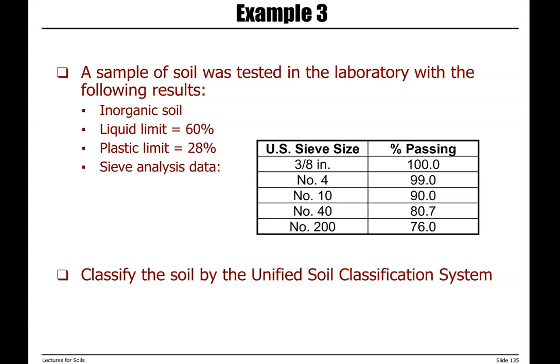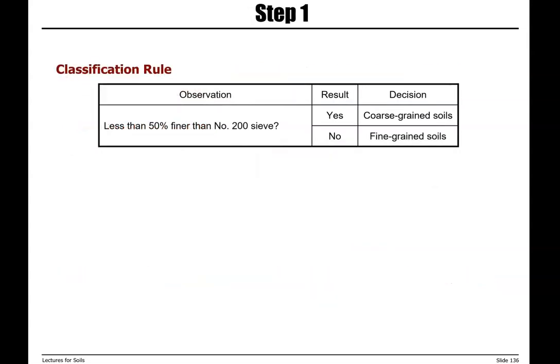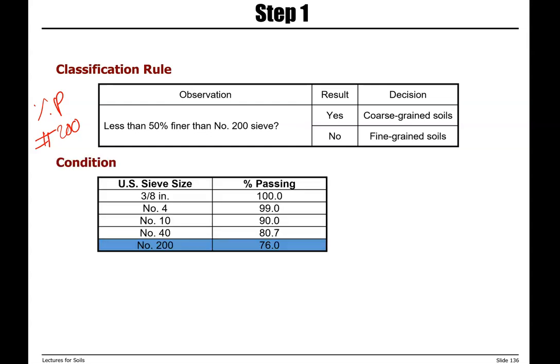Example number 3, we have the results from sieve analysis and results from liquid limit and plastic limit, Atterberg limits test. First, step 1, we need to look at percent passing from sieve number 200 to see if we have a coarse-grained soil or fine-grained soil.